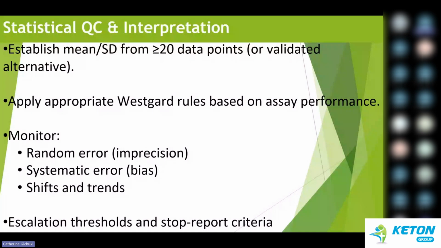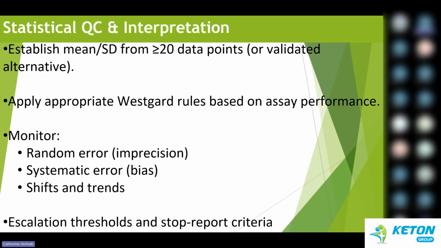You run the QC many times, at least 20 runs, and then calculate your own lab's average. Remember, we talked about adapting your own mean. Some platforms will calculate it for you.